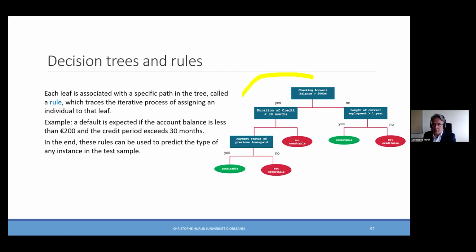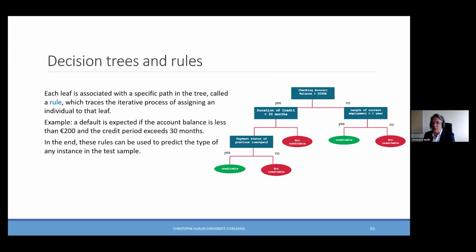This is an example of a decision tree for a credit scoring model, okay? Each leaf here is associated with a specific path, from the root to the leaf, and this path corresponds to a decision rule, okay?